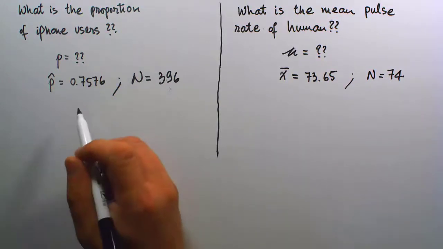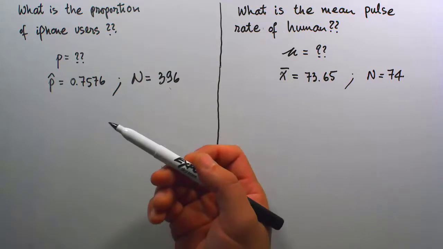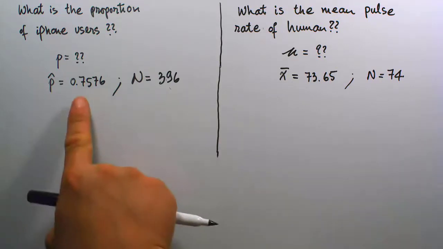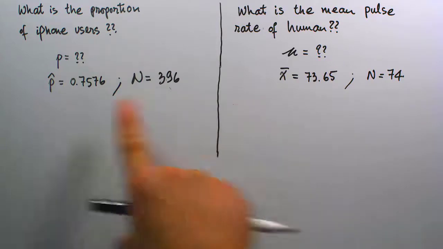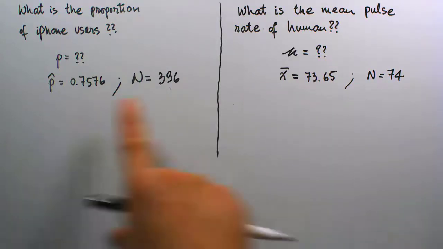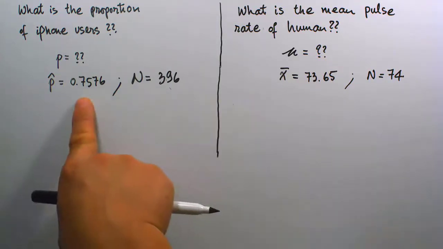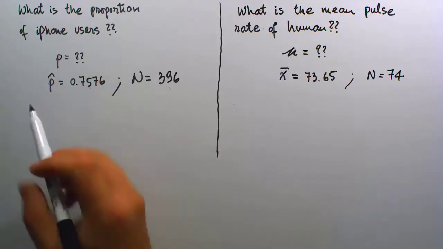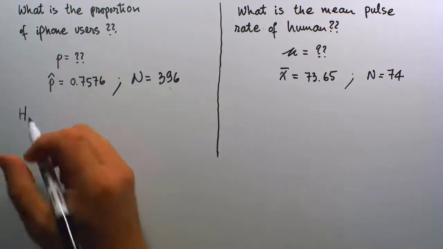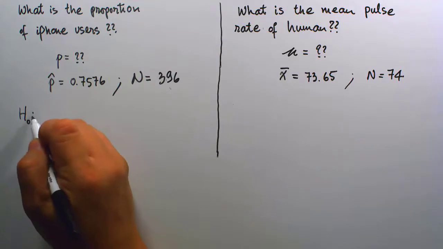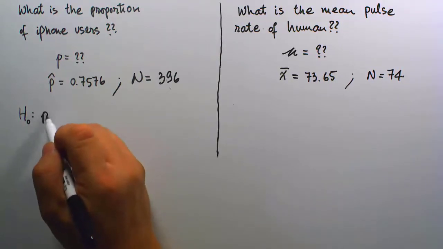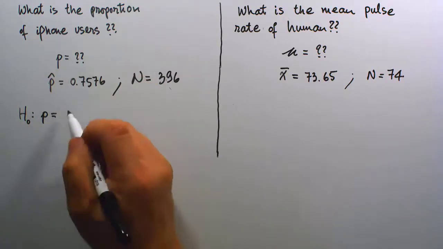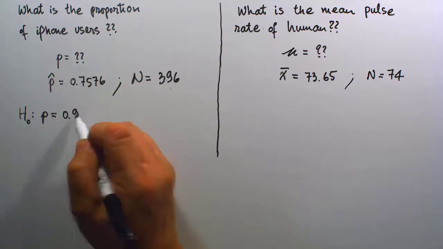So in that way, if we are the one who owns these sample values and we're treating them as our evidence, then we compare our evidence with the different hypotheses. Let's say among our list of null hypotheses, we also had someone saying that the proportion of iPhone users was 0.9.